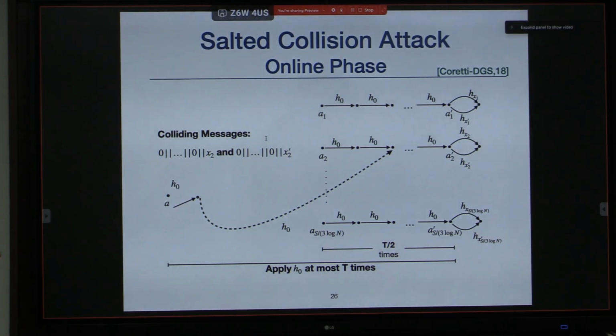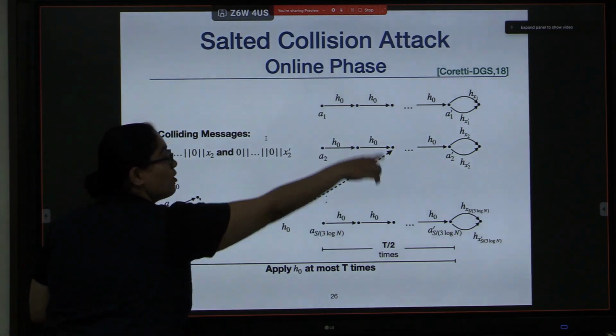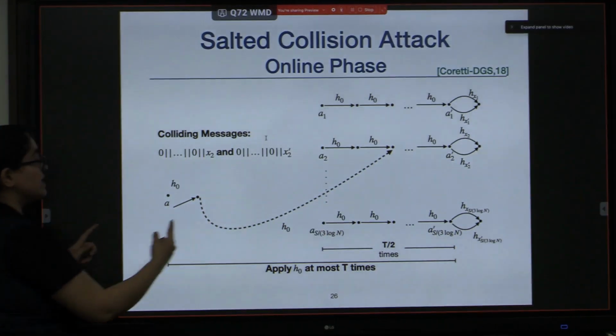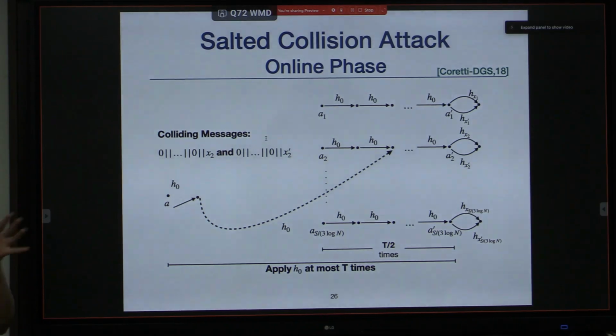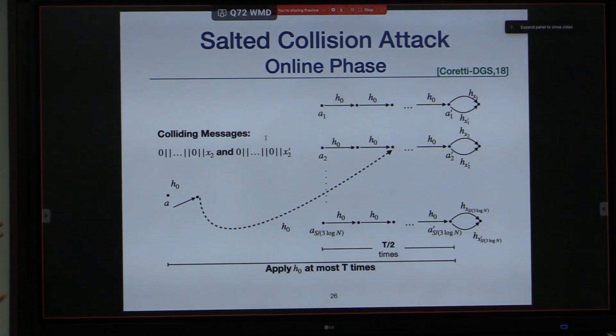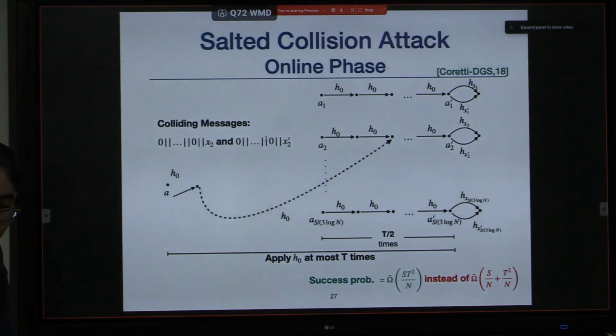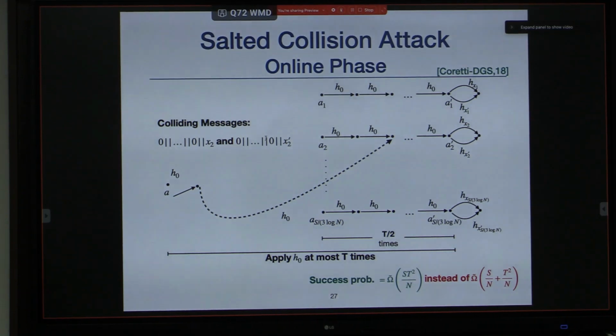So the advantage here is order of ST, and in the first t over 2 times, if you hit any of them, you win. So your advantage is order of ST square over N, instead of S plus T square over N.